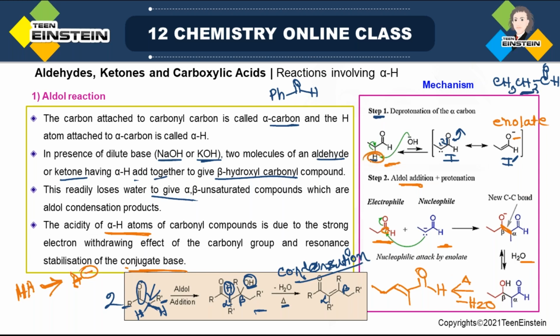So when you remove this proton in the presence of base, you get the conjugate base. These two are the conjugate base, right? And because of this type of resonance, this conjugate base is very stable. As it is very stable, it can attack the next molecule, which is the same molecule, right? So this is the aldol reaction. Fine.